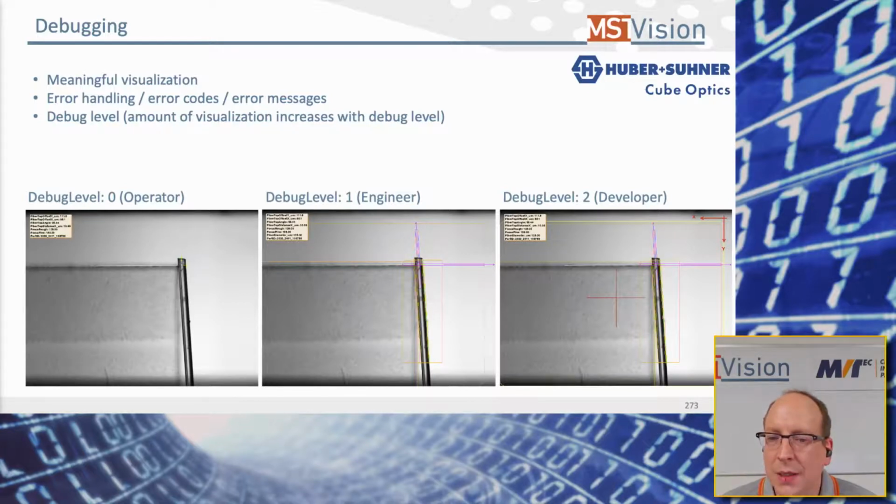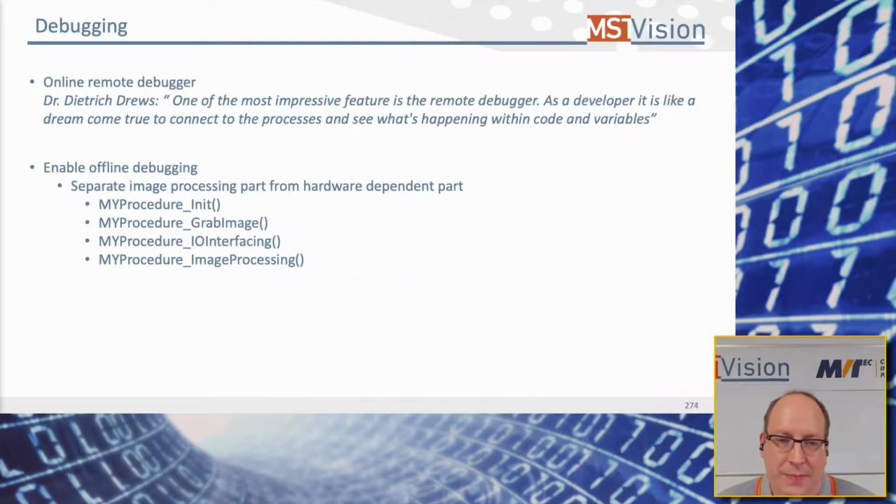So we visualize only what is important in the step, and debug level 1 is for the engineer. So I visualize where the measuring regions are, and are they on the correct side or position. And debug level 2 is for the developer, and this is something that only the developer understands most of the time, and the others do not know what it is about. So this is what we do.